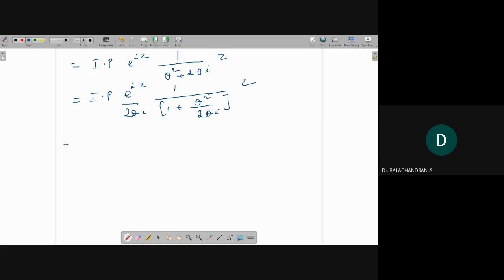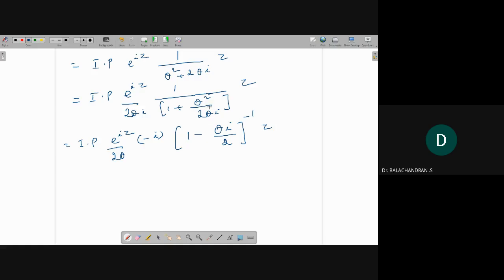So this is equal to the imaginary part of e^(iz) by 2θ. I will write the i in the numerator as minus i. So 1 plus θi by 2, whole power minus 1, into z.